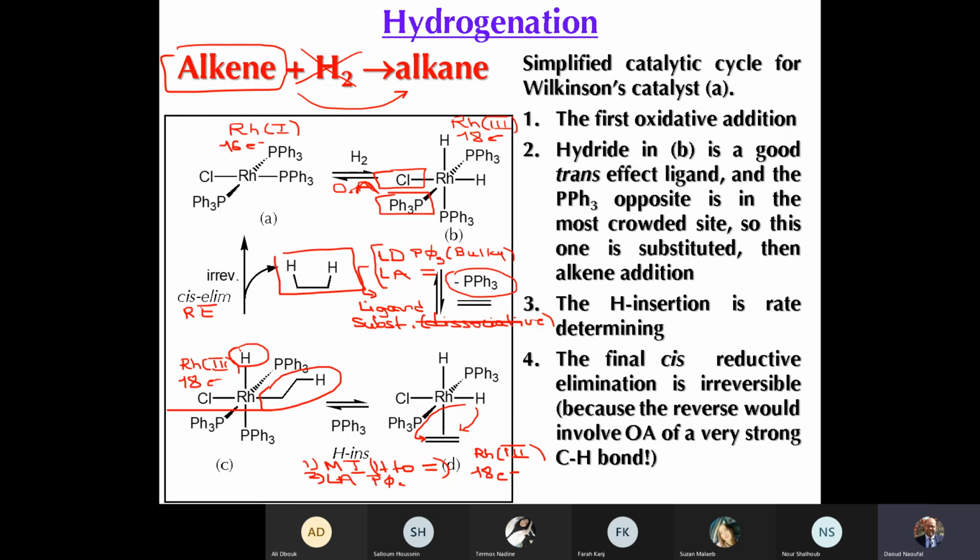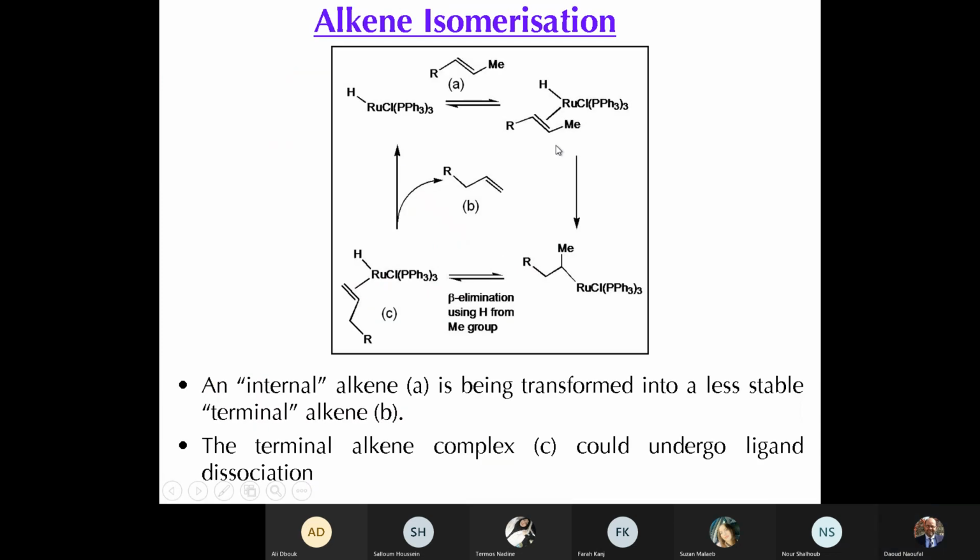Do we have other possibilities? Yes. I started with the oxidative addition. The student can start theoretically by the alkene ligand addition. In this reaction, they mentioned that we have alkene isomerization.